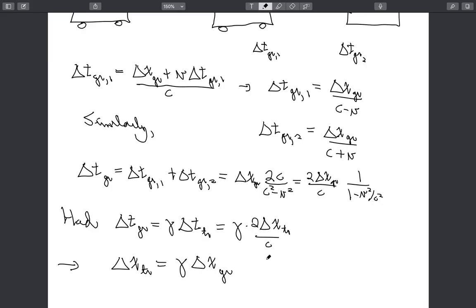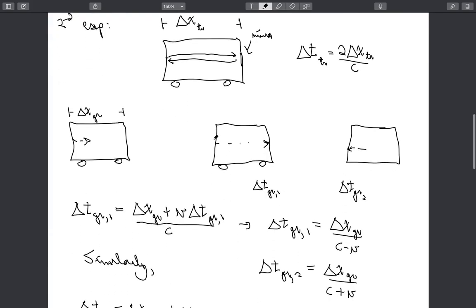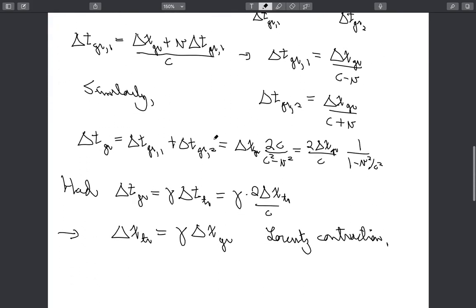Okay, and that is called Lorentz contraction. Okay, so I'm sure you're already familiar with these concepts. So moving targets have clocks that run slow, and the moving object's length is Lorentz contracted. But that's the way you would just very simply compute these factors.